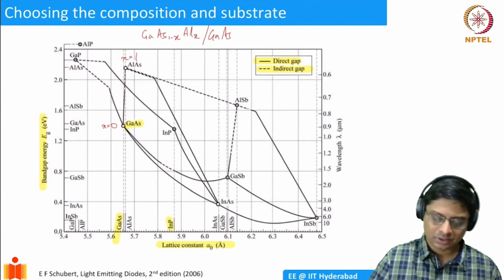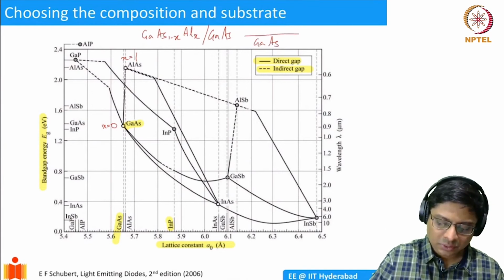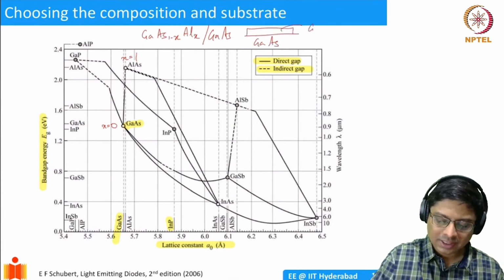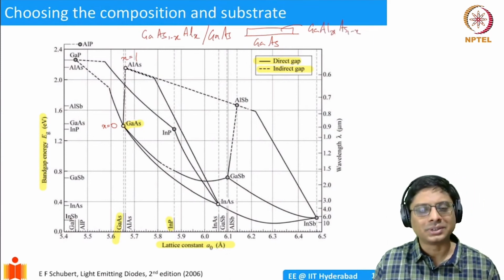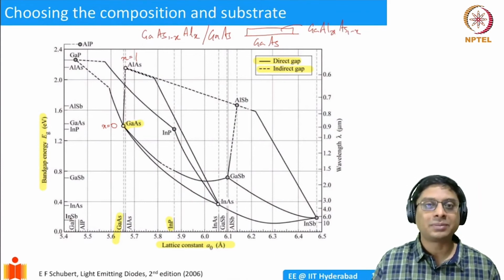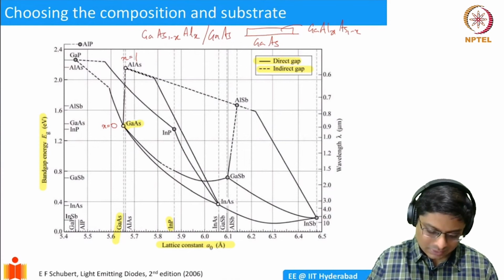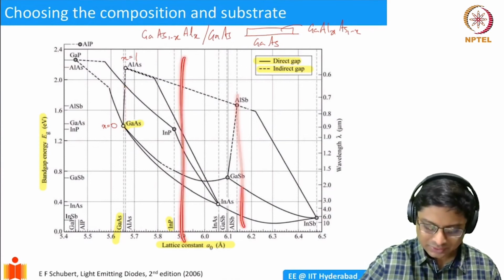By doing that, basically I can take a gallium arsenide wafer. On top of it, I'll choose this epitaxial layer of gallium aluminum X arsenic 1 minus X. If you do that, it is going to satisfy the lattice matching condition because they're in the same direction. Whenever you have straight lines, you can grow on those substrates.